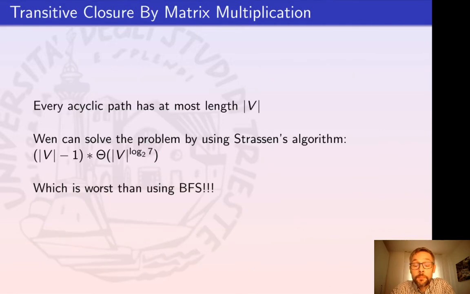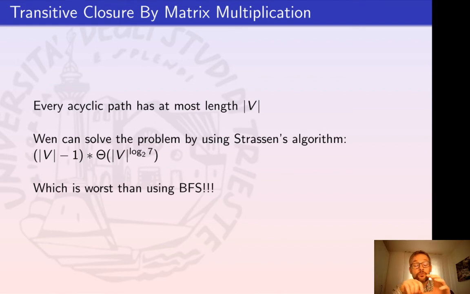So since every acyclic path has at most length the cardinality of V, every acyclic path can pass through at most all the nodes of the graph.